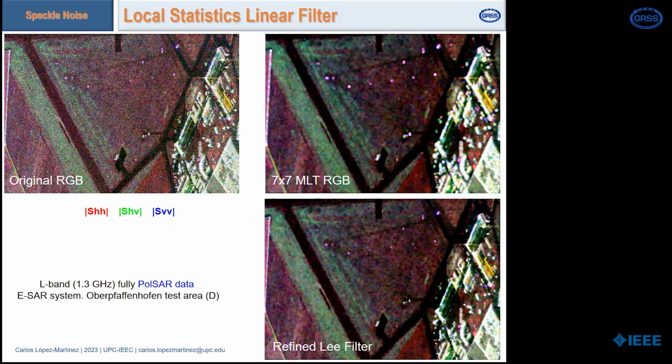Therefore, you don't have to cope with that distribution, and your filter doesn't need to estimate moments of the distribution. The only thing the filter needs to figure out is, am I in a homogeneous area, or am I in a point target where what I want to keep is the spatial resolution?